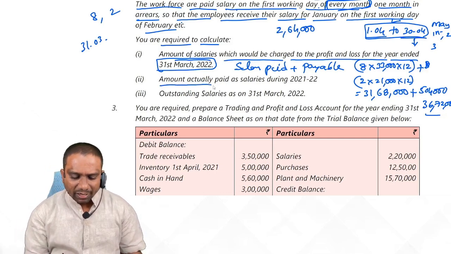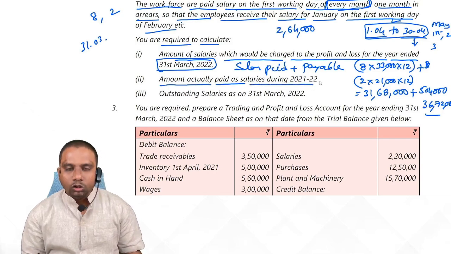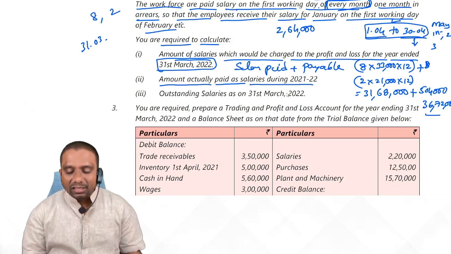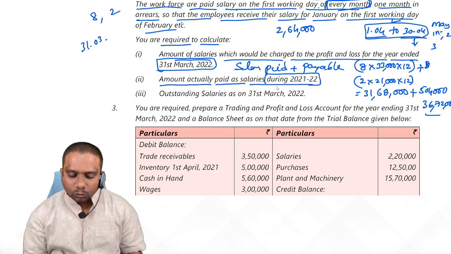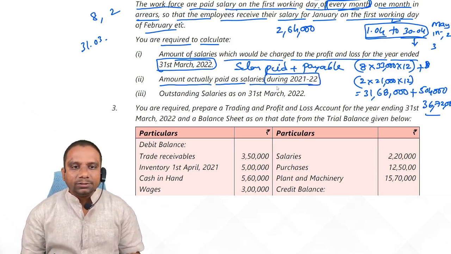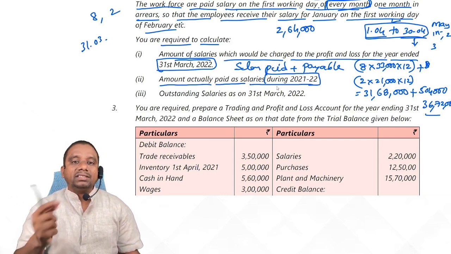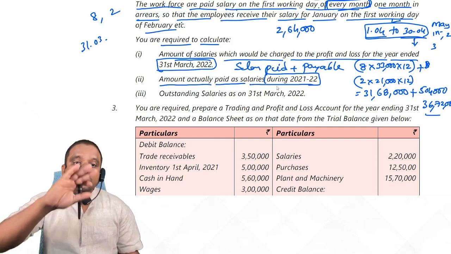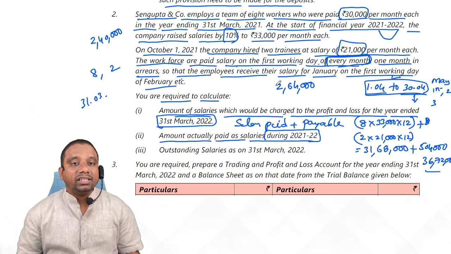Next, the amount actually paid as salaries during 21-22. During 21-22, how much do you pay as salary? 11 months for the current year, and 1 month's arrears of the previous year.